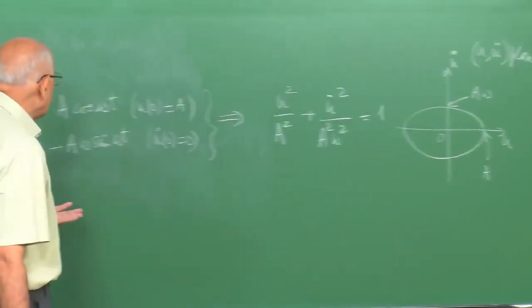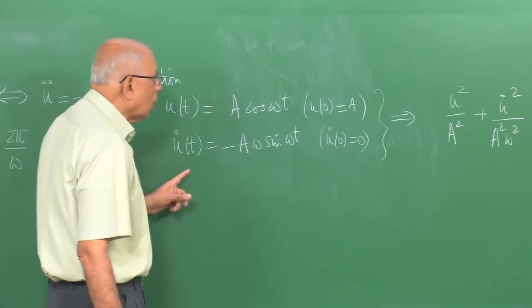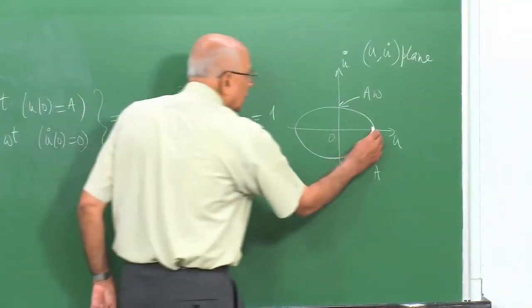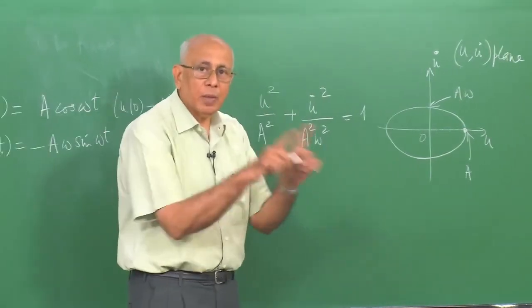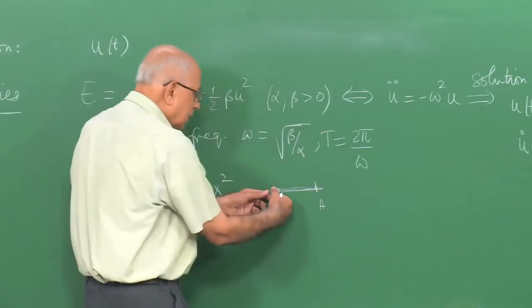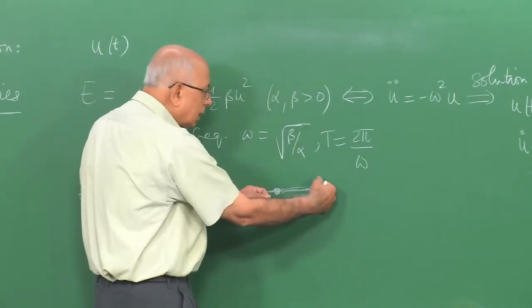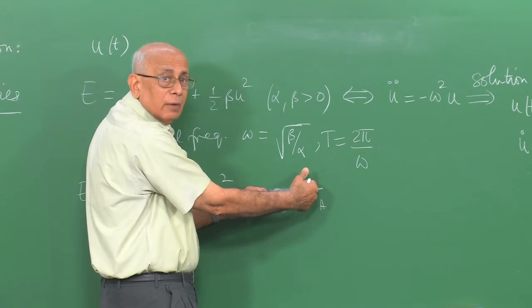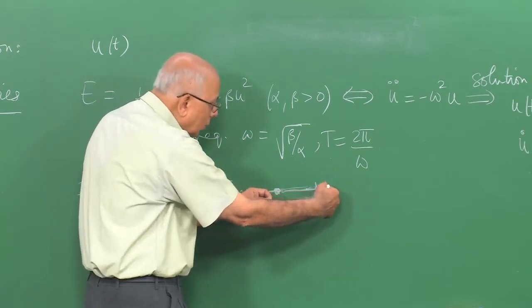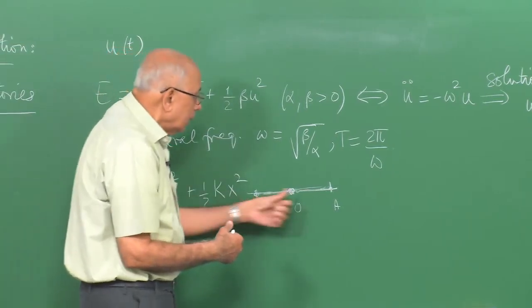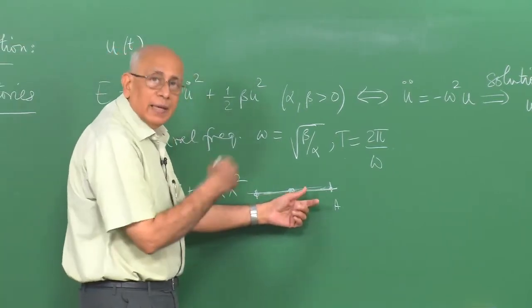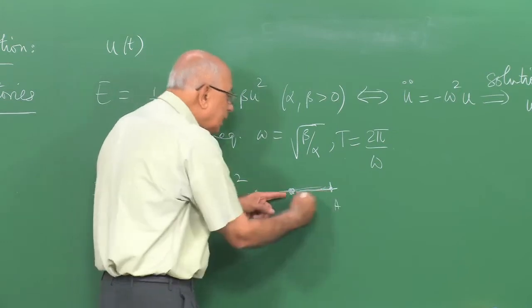At t equal to 0, u is a and u dot is 0, so you are at this point here, and the question is what happens as t increases to positive values. Well, physically you can see that if this were a mass attached to a spring and stretched, as soon as you let go at the end of its amplitude, the velocity is going to be directed towards the negative side. This means u dot is going to be negative on this side and u is decreasing, and there is only one way that can happen here.